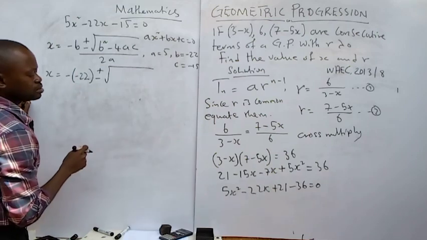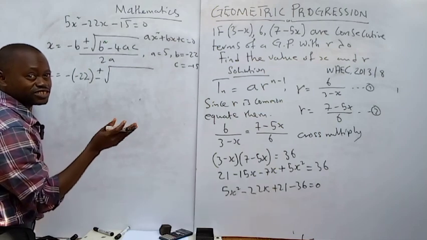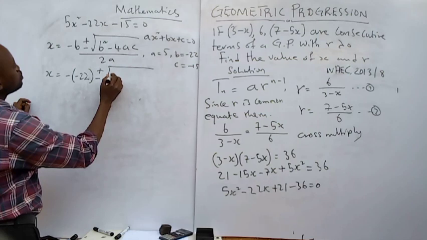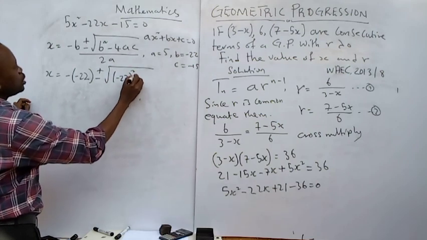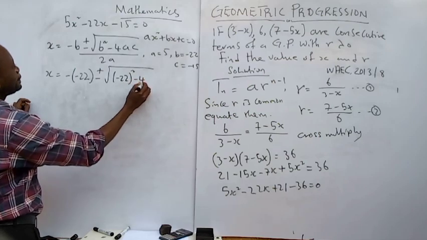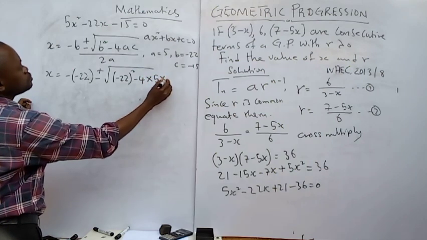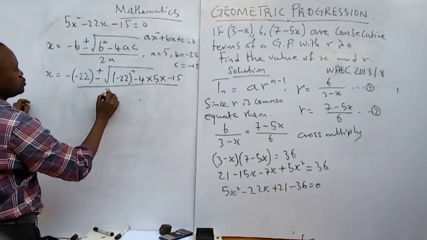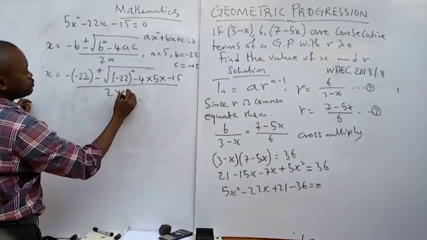These are the little mistakes, the little foxes that destroy your vineyard. All right, let's go. So minus 22 squared minus 4 times a 5 times again c minus 15 all over 2 times a, here, a 5 times 5.